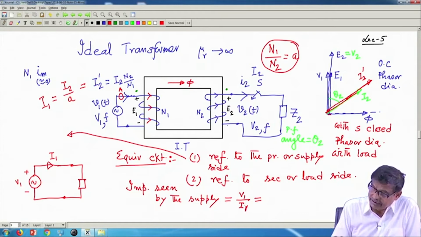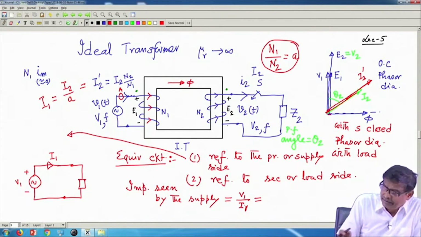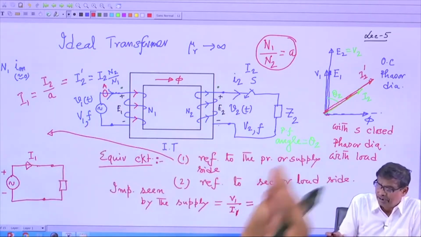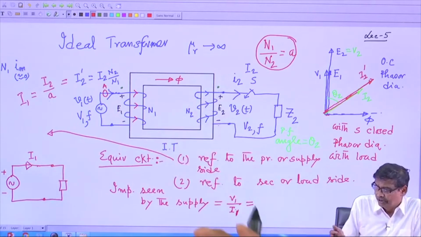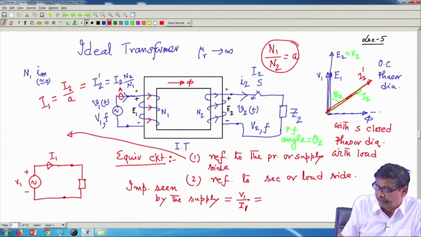Now, what I can do is this. Let me be on this page only, let it be a bit dirty, but we are following logically. It will be easier for me to establish this important relationship for V1 by I1.